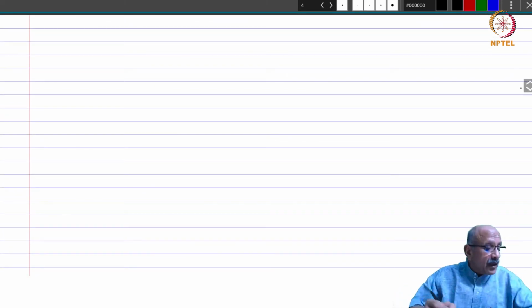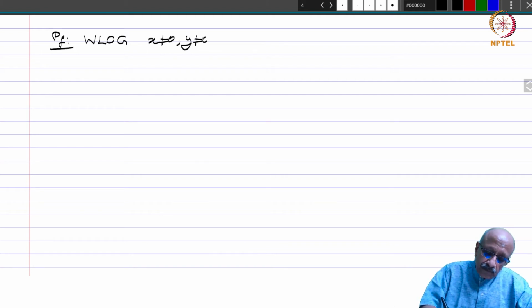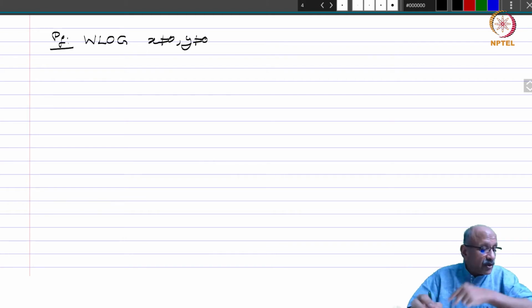Okay. So if x or y is 0, there is nothing to prove in this inequality. So proof: without loss of generality, we can assume that x is not 0 and y is not 0, because if one of them is 0, there is nothing to prove.